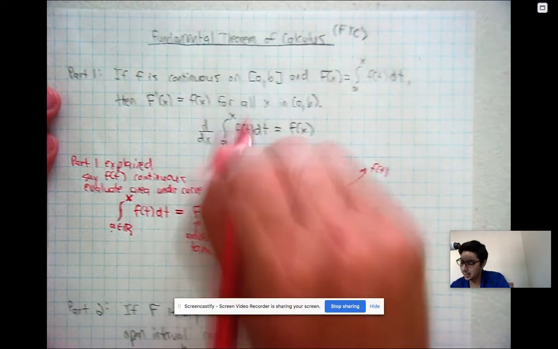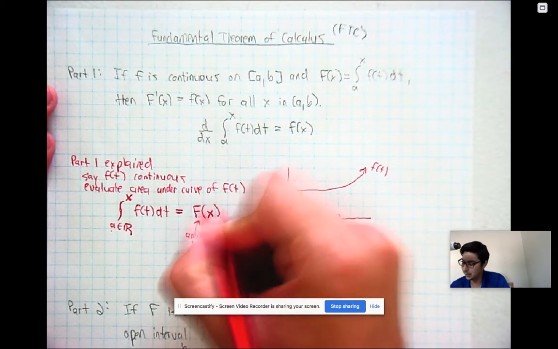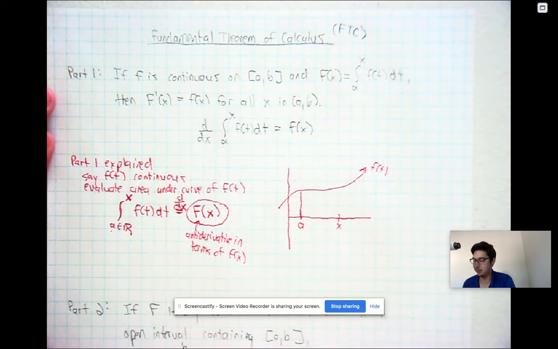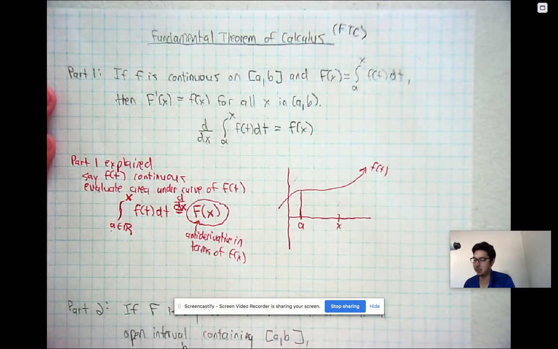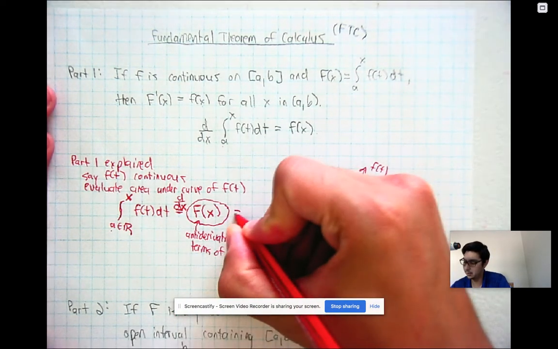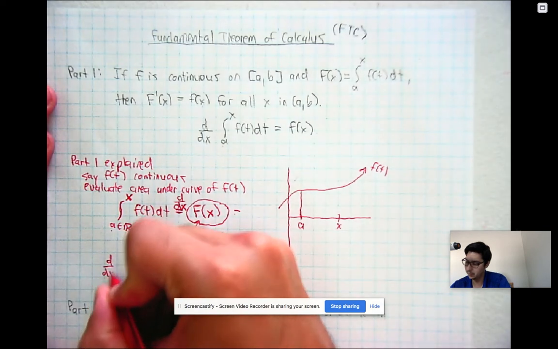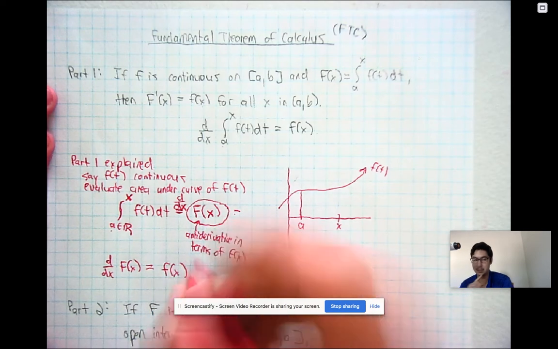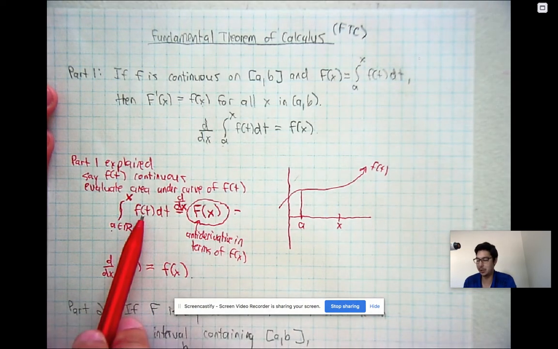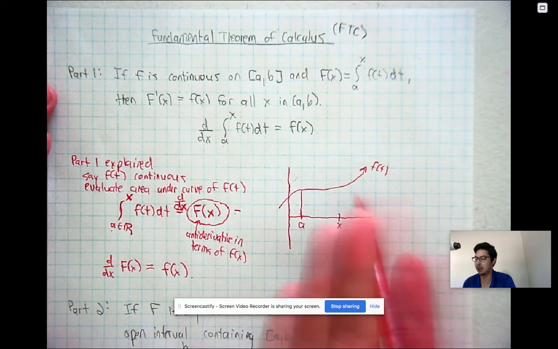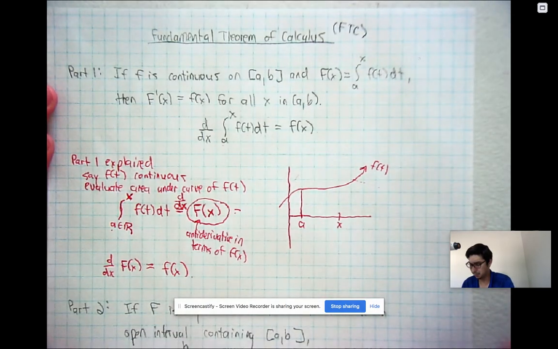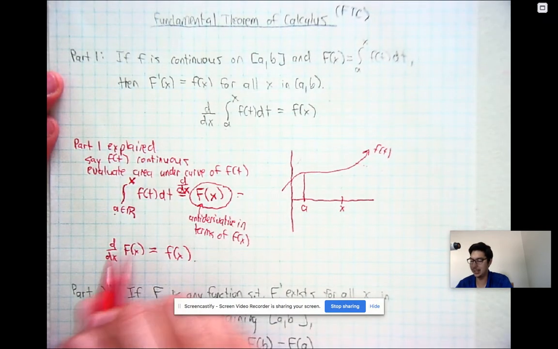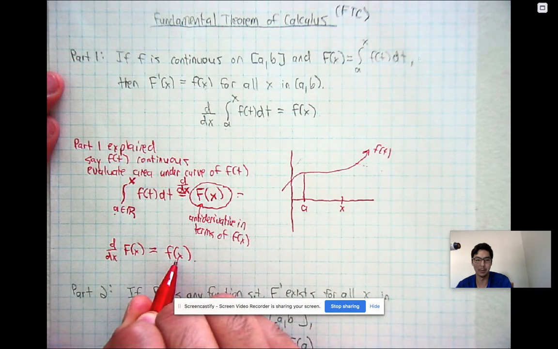Well, what this says, though, is that if we take the derivative of the antiderivative in terms of x, what you get, so I'll write down here, the derivative of the antiderivative of x is just f of x. So you get the original function, but just in terms of x, because that's where we're evaluating it. And really what that's saying is that the derivative of an antiderivative takes us back to where we were.